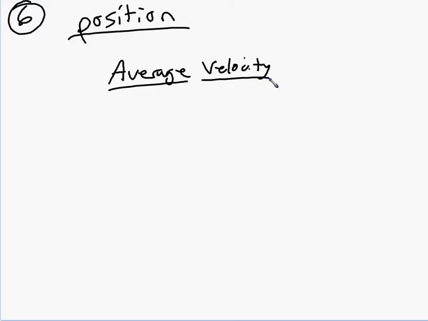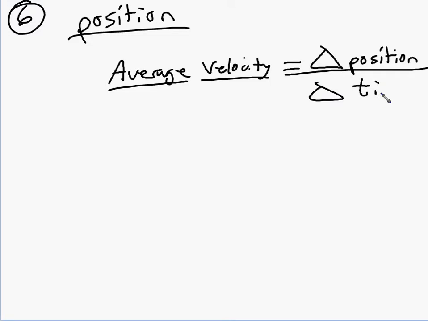Average velocity is just straightforward the change in distance, which we can find with the position function, over the change in time. It's still the slope song. It's still delta y over delta x. It's just phrased a little bit differently. The change in position divided by the change in time.